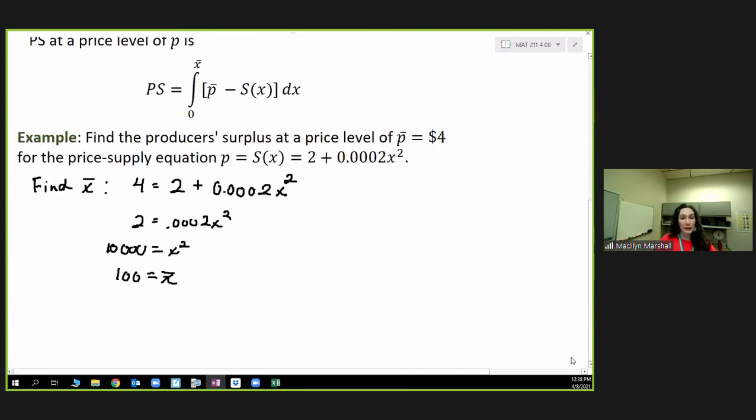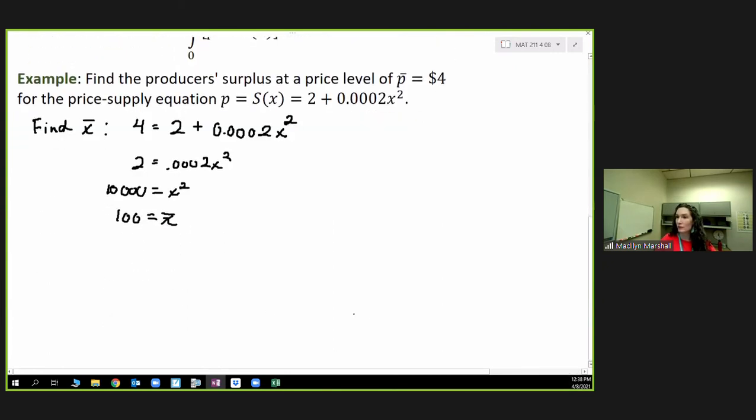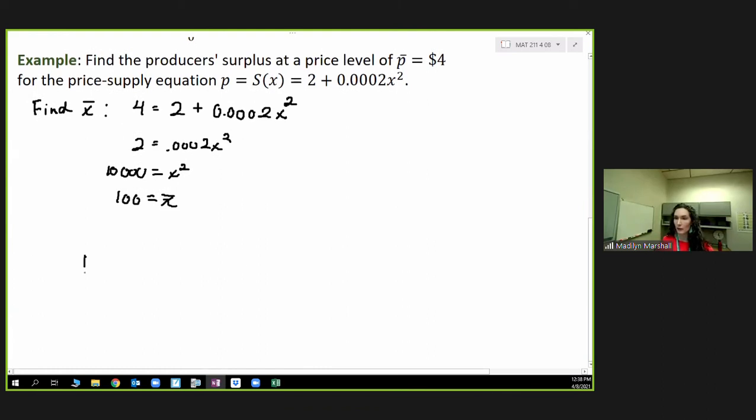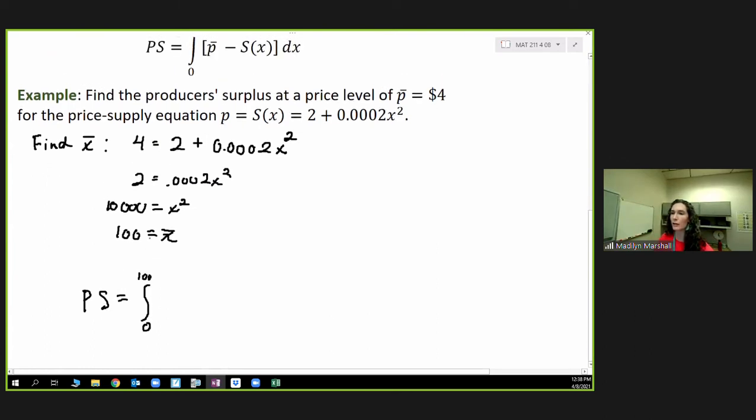So now we have everything we need to put into our integral. So producer surplus is the integral from 0 to X bar, which is 100. P bar is 4, and here just be super careful with negatives and parentheses. We're subtracting this whole price supply equation.